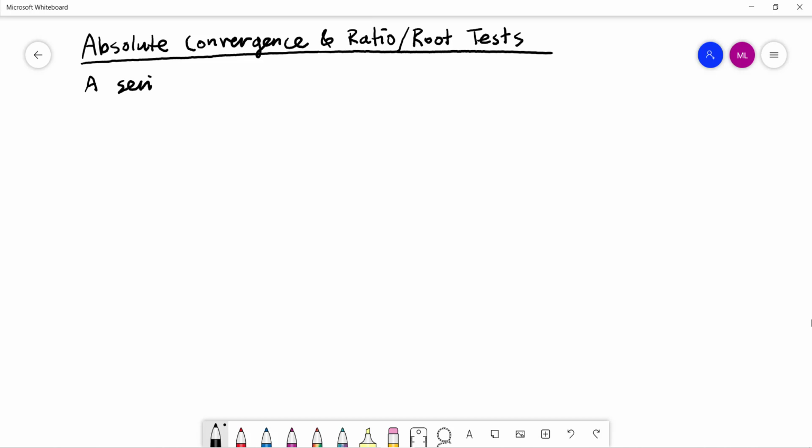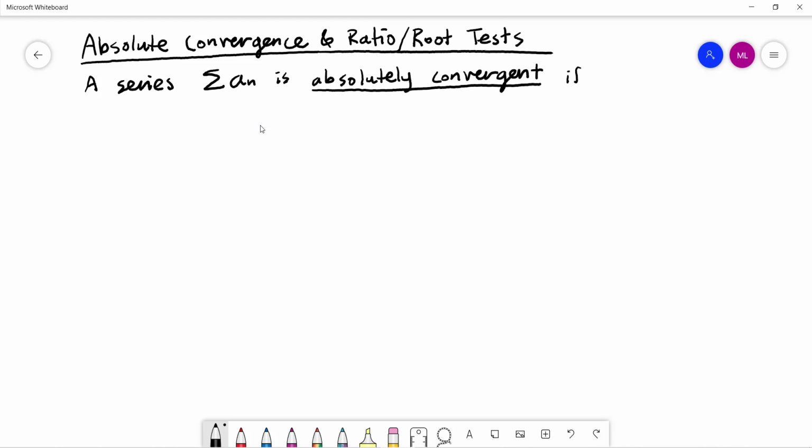A series defined as the sum of a sub n, and again, I'm going to leave off the subscripts here, n equals 1 to infinity, this series is absolutely convergent if the sum of the absolute value of a sub n converges.